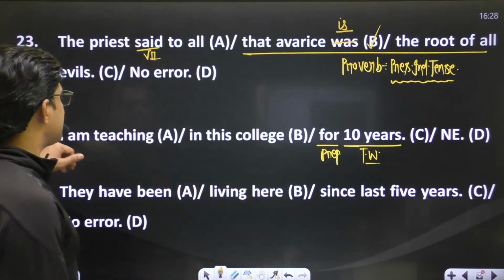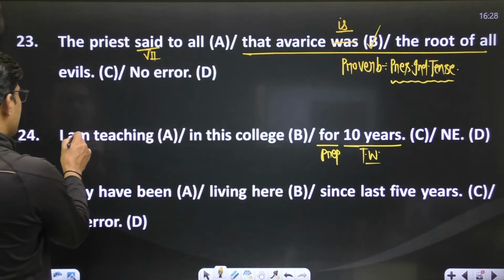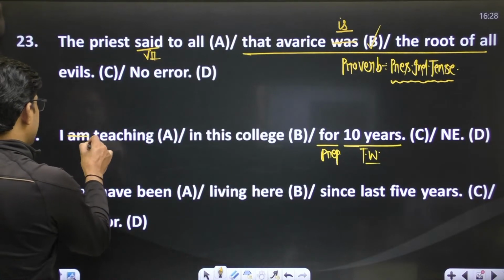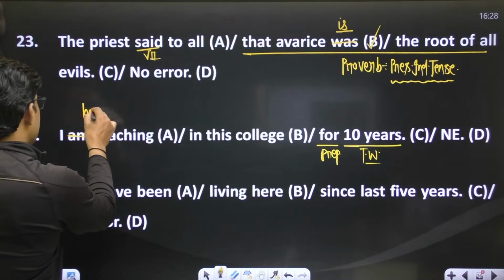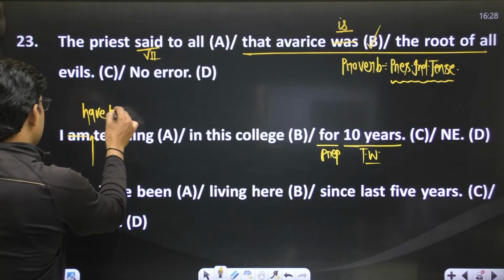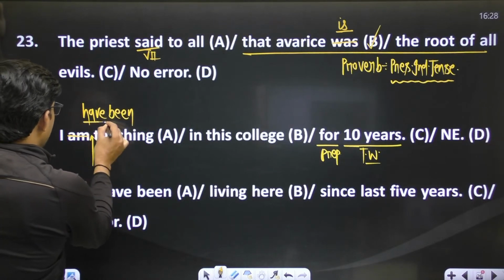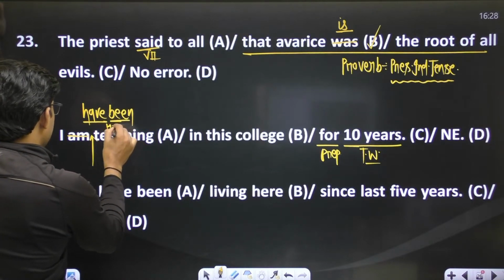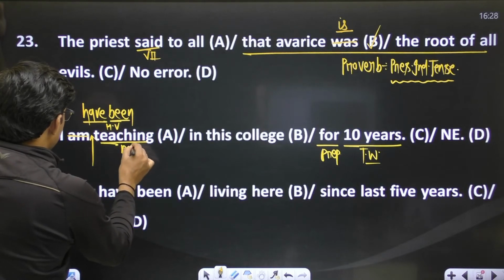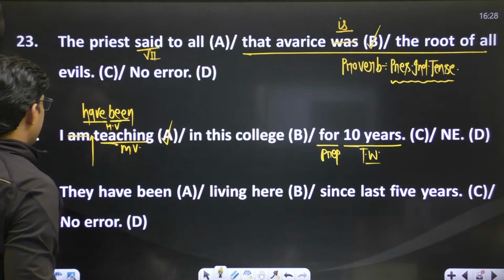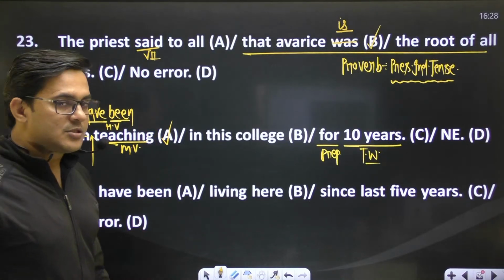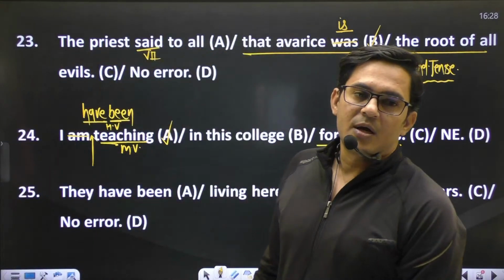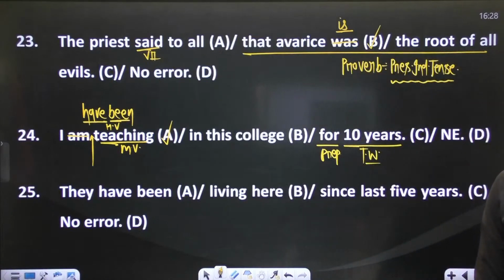So in this sentence, present perfect continuous will be there. Drop am, and to make this present perfect continuous, you have to use I have been. This will be the helping verb, and the first form plus ing is the main verb. So the sentence will be: I have been teaching in this college for 10 years.